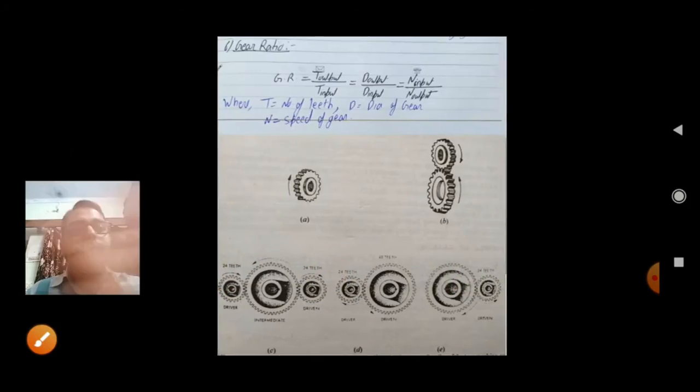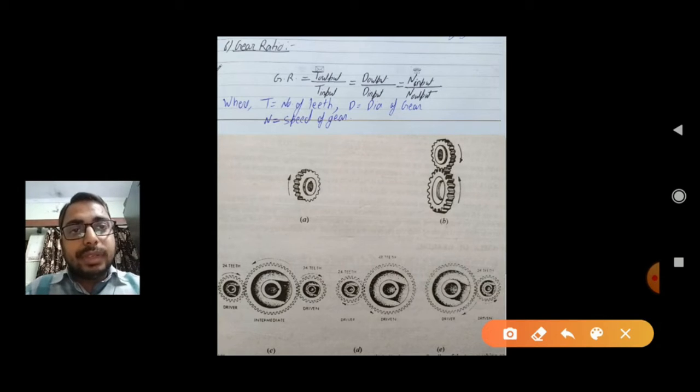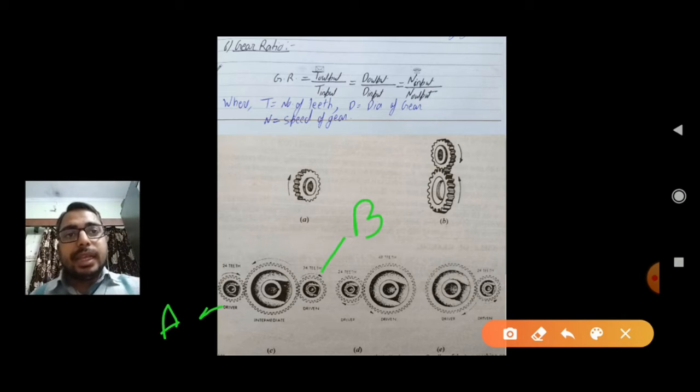Now, let us explain again with the help of the diagram. Here we say that this is gear A and this is gear B. Gear A, which has 24 teeth, rotates in a clockwise direction, and gear B, which also has 24 teeth, is also driven in a clockwise direction.